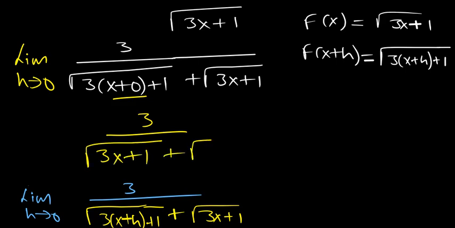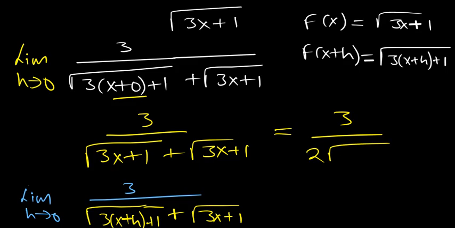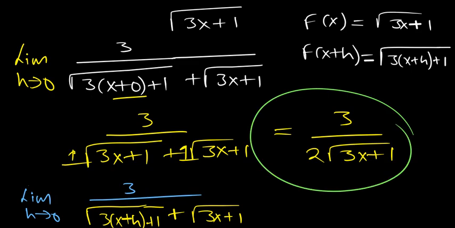The other bracket is also the root of 3x plus 1. So you end up with 3 over 2 root of 3x plus 1, since they are like terms, you end up with 2 of them. So basically this is your answer, your derivative of that from first principles.